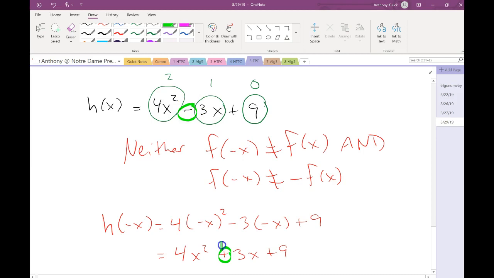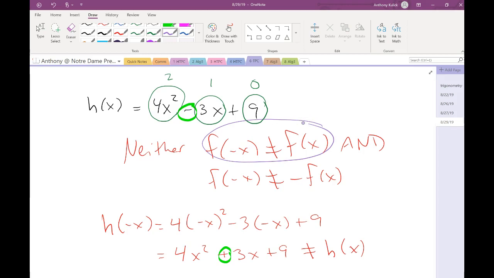Yeah, the sign on my 3x is different, right? So I know that this is not the same thing as h of x. So we've done this part already. Everybody happy so far? We see how we did that? We just plugged in the negative x and observed that it wasn't what we started with.